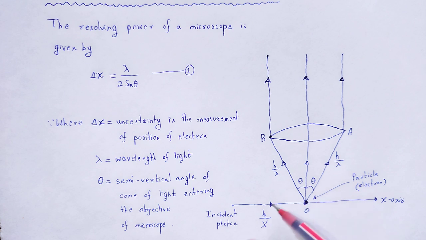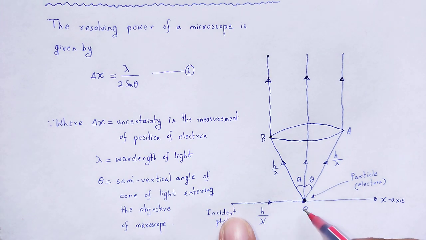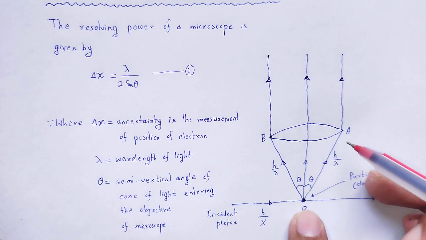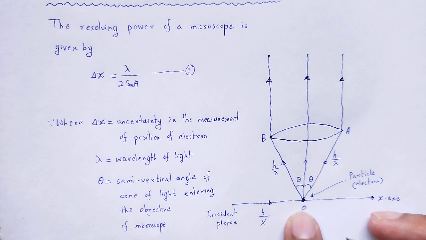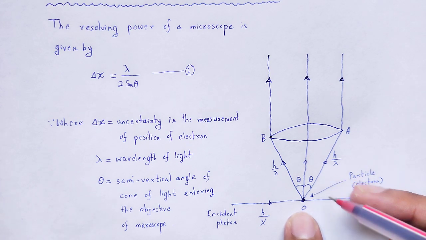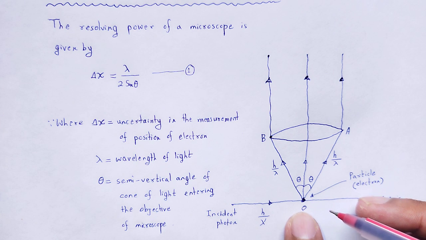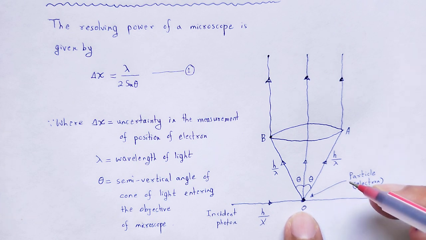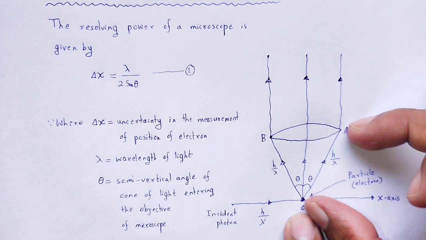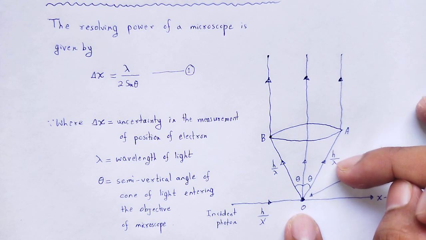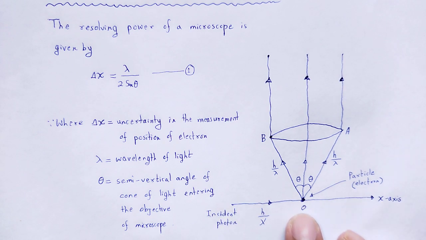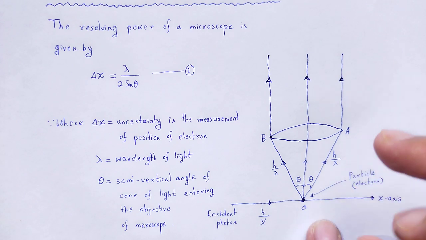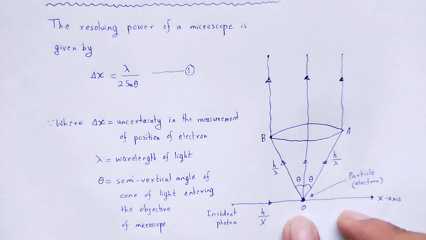When that gamma ray is incident on the electron, the photon is scattered and the electron recoils. We studied in the Compton effect that the scattered photon has an increase in wavelength. The recoil electron is not necessary in that section, so we avoid that one.